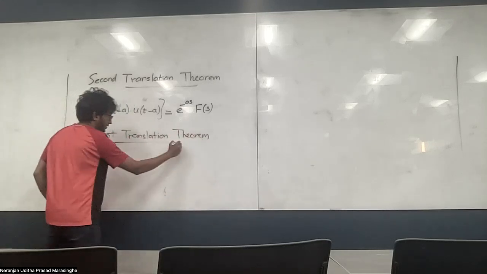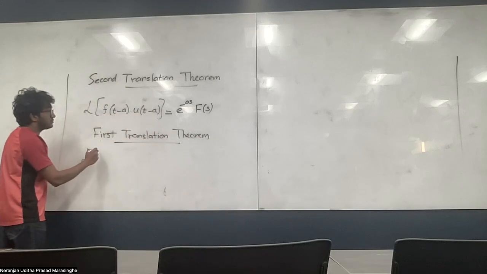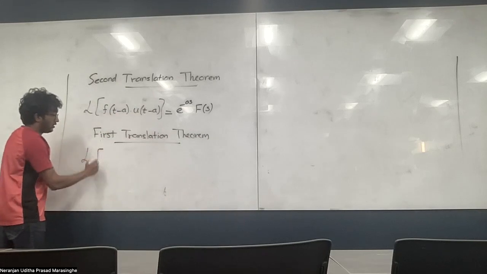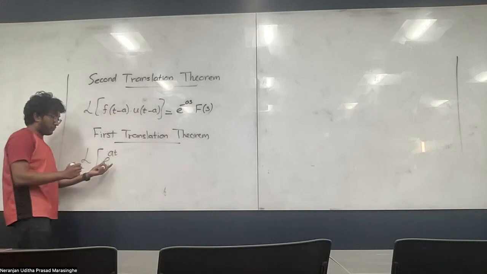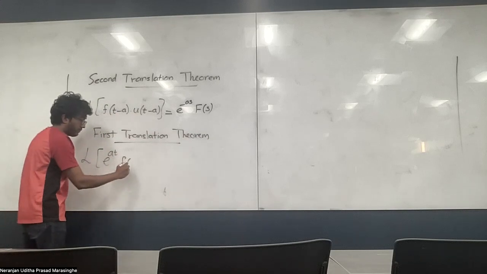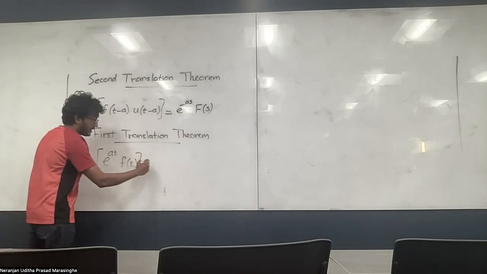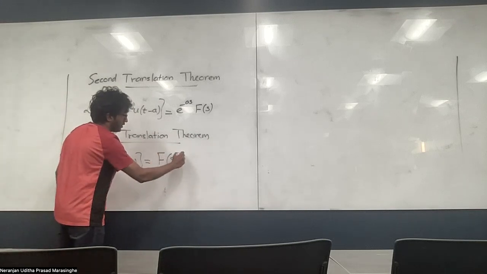It says that if you do multiplication in the time domain, that is, if you multiply by an exponential in the time domain, that would result in translation in the Laplace domain.